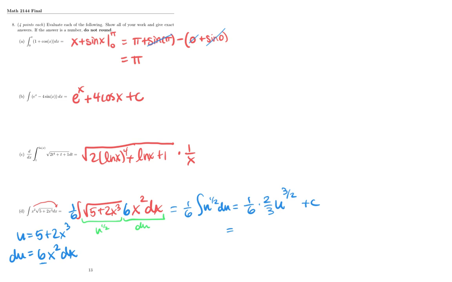So this will be 2/18 or 1/9. And then u, we can go back to what u was: 1/9 times 5 plus 2x cubed to the 3/2 plus c.